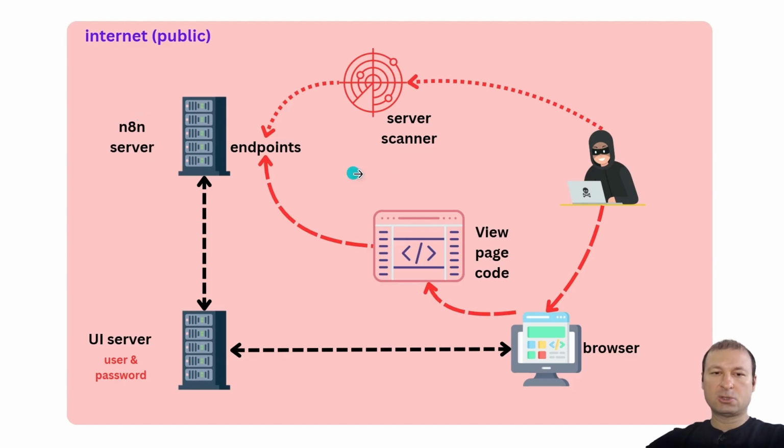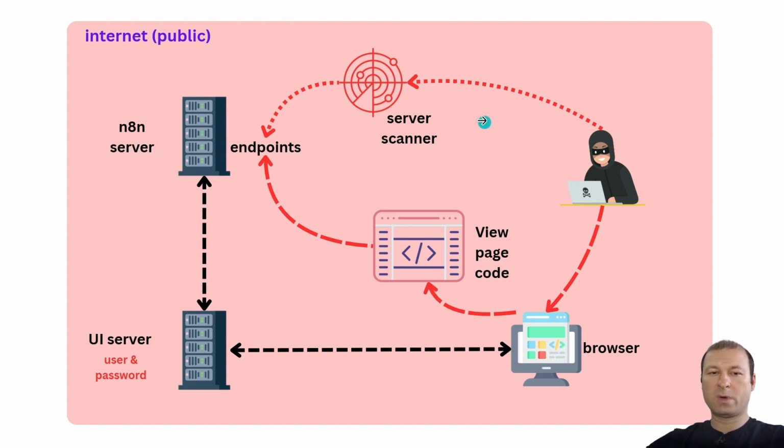And even so, this is one route the attacker can take by accessing the UI in front of the n8n server, but the attacker can take another route to directly exploit and scan for the n8n servers.